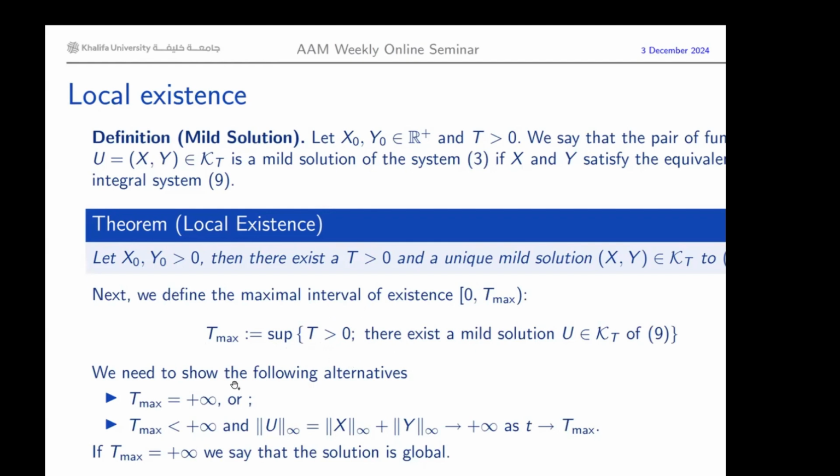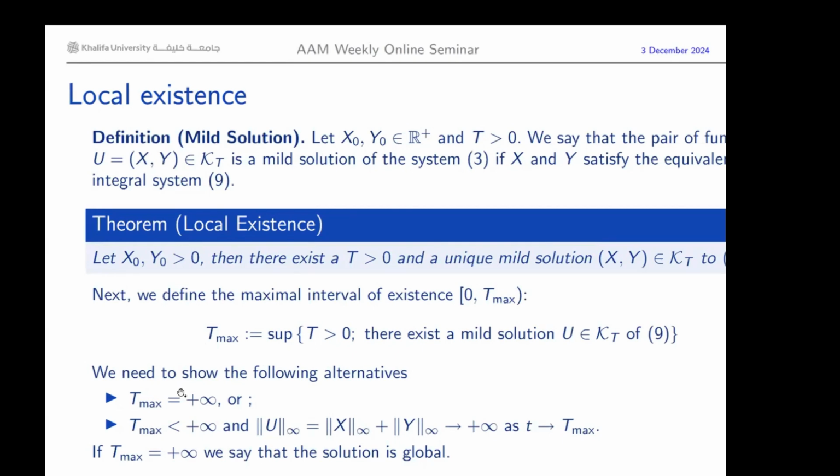We show the alternative is either Tmax is infinite, or Tmax is finite and our solution goes to infinity as t goes to Tmax. In the case Tmax is infinite, we say that our solution is global, meaning that the solution exists for all time. And in the case when Tmax is infinite, we notice that our solution might be bounded or might be unbounded.